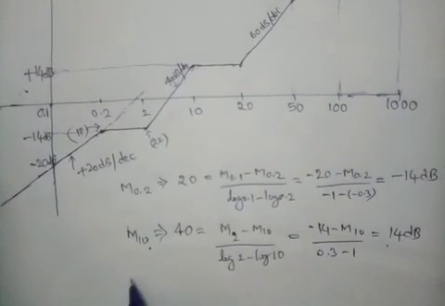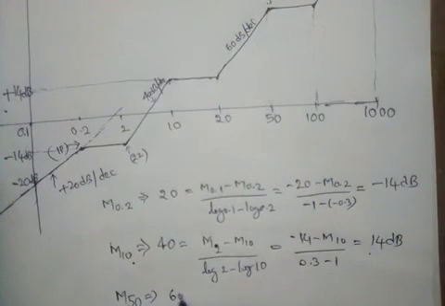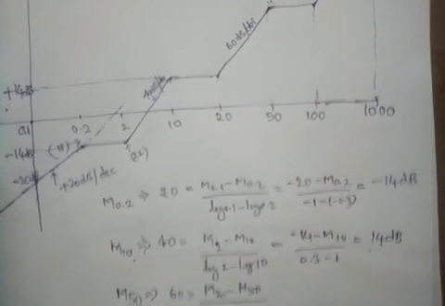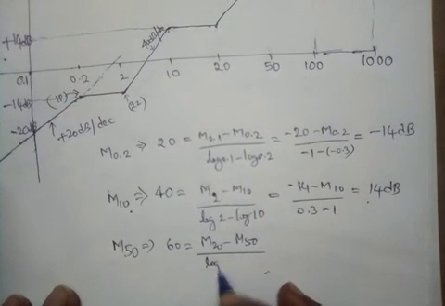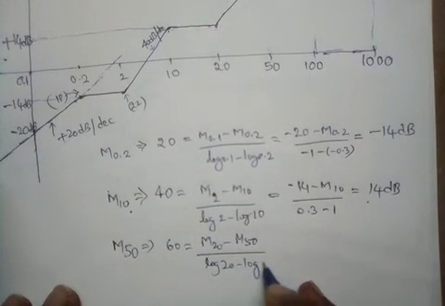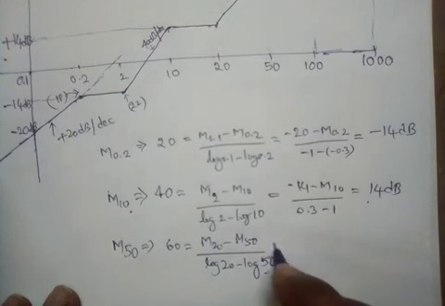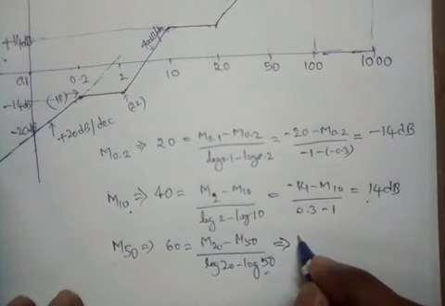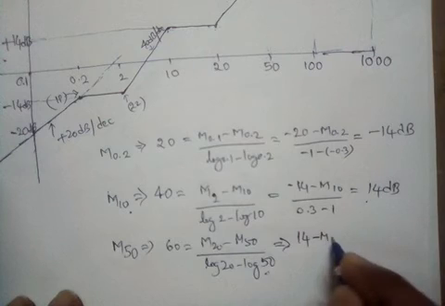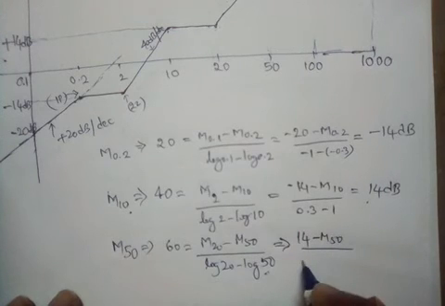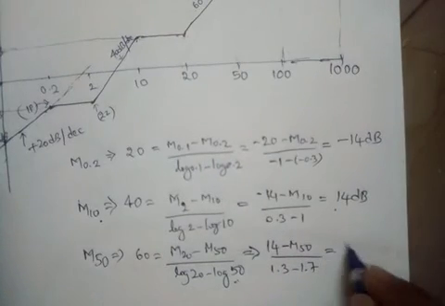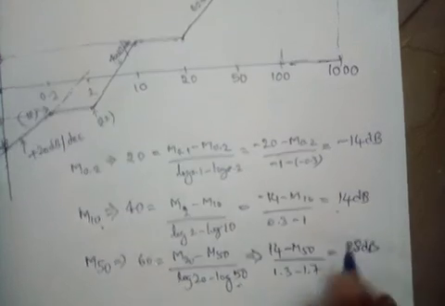Magnitude at 50: slope is magnitude at 20 minus magnitude at 50 over log of 20 minus log of 50, that is equal to 14 minus magnitude at 50 over 1.3 minus 1.7, it comes as 38 dB.